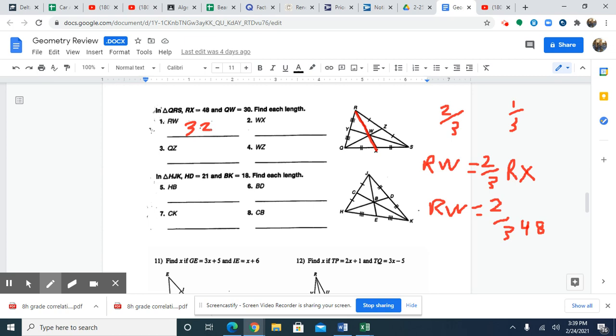Which makes the other part of it, WX, 1/3 of 48, which is equal to 16. And both of these together would be 48.